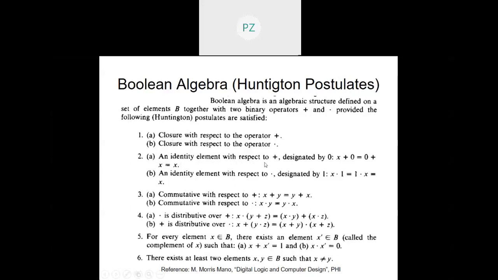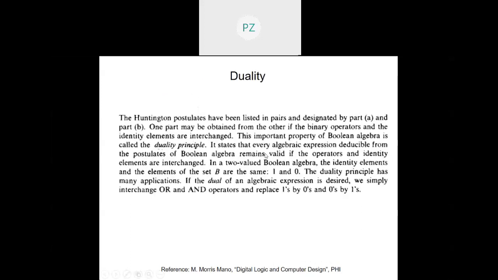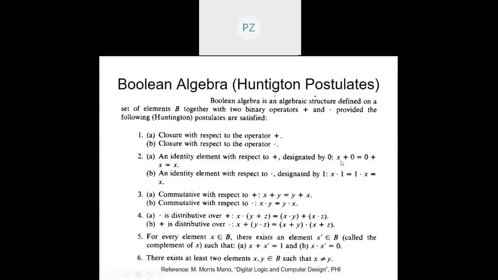An identity element with respect to OR is designated by 0. So 0 happens to be the identity element of the OR operation. What do I mean by that? When I do x OR 0, where x is a Boolean variable, it comes out to be equivalent to 0 plus x, that is 0 OR x, and that is x only.